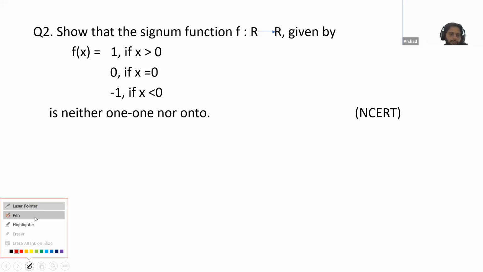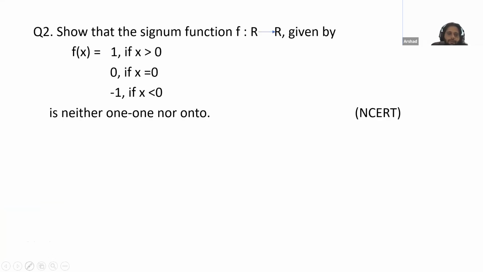Here we have the signum function. We need to show that this is neither one-to-one nor onto. So we will just give a simple example. Now here we have two sets. The first set is what? Real numbers. The second set is what?